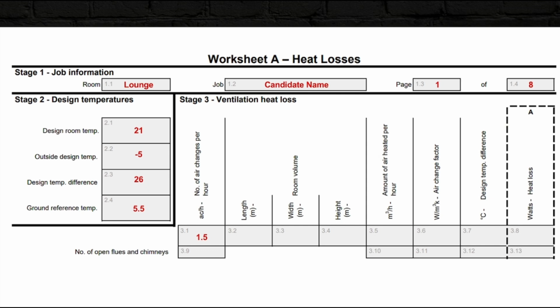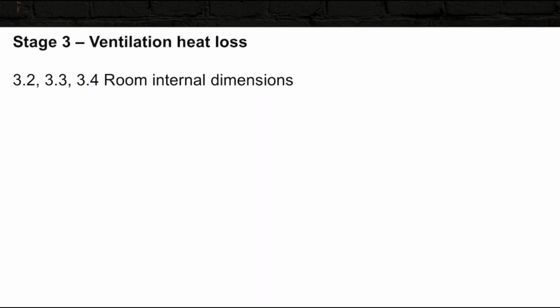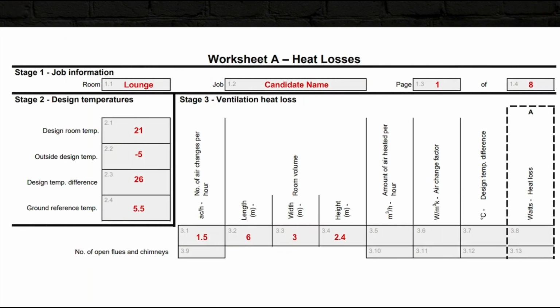We then need the dimensions of the room. So the length, the width, and the height. So if you remember from our case study, our living room was 6 meters long by 3 meters wide with a height of 2.4 meters. Box 3.5 is the amount of air heated per hour in cubic meters per hour.